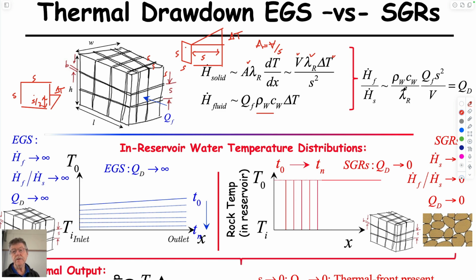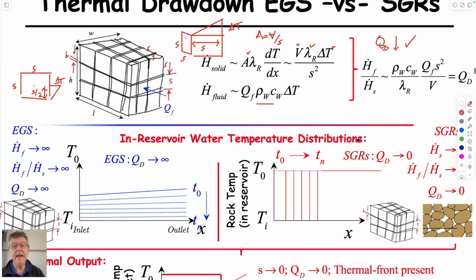You get a non-dimensional parameter, which is specific heat capacity times density of the water, thermal conductivity of the rock, volume of each of these blocks, and a volumetric flow rate and a characteristic length. So since volumetric flow rate comes here, it has to be dimensionless, right? Because these have to have the same units. And so it'll work well when HS is large, and therefore this overall term QD is small. So that's exactly the condition we want.